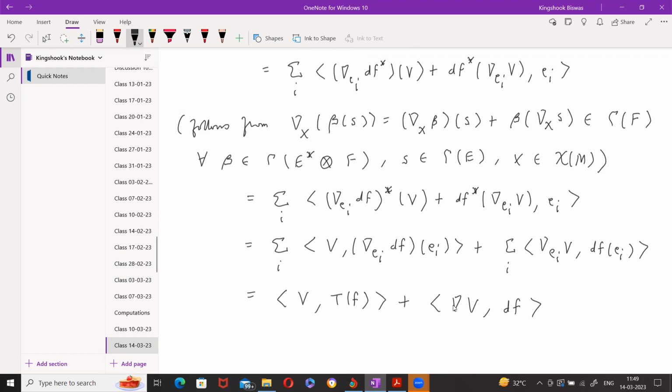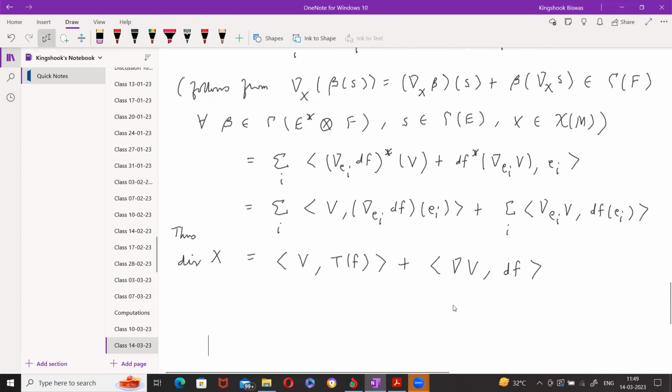You take the inner product and sum over I. This is nothing but the trace of dF star nabla V, which is the inner product between nabla V and dF. Is that clear? Thus this thing is a divergence. So the divergence of X is this sum.